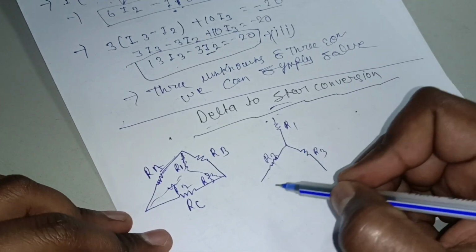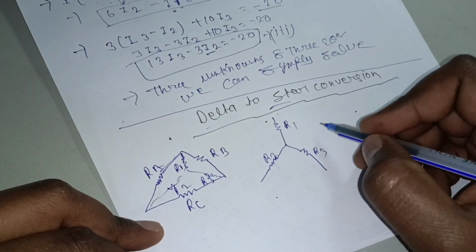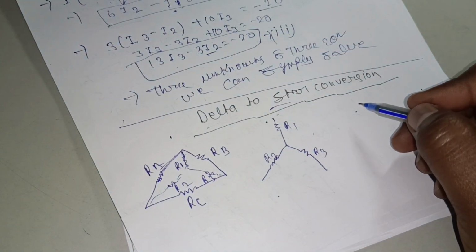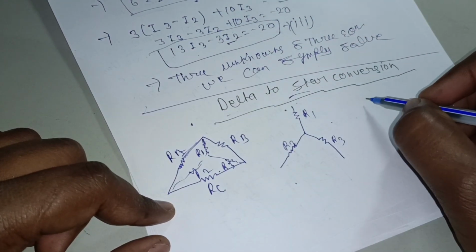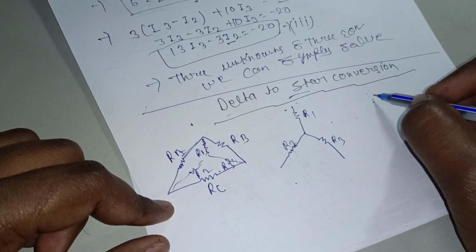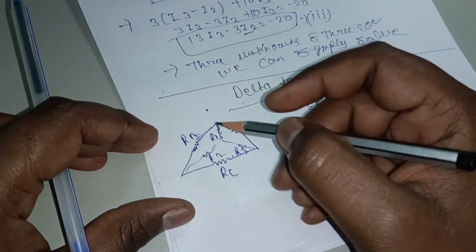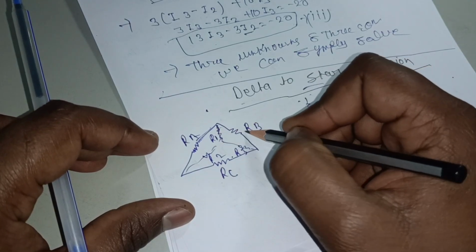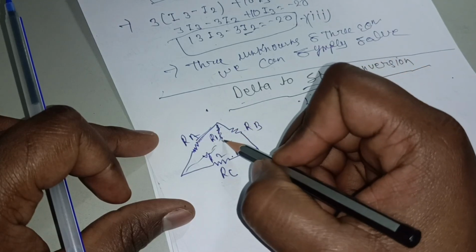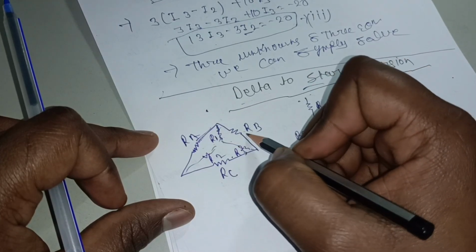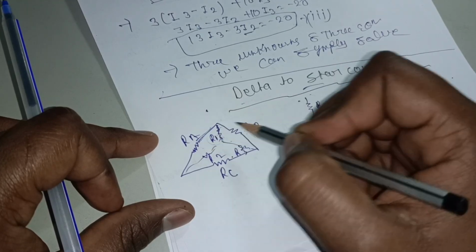I will write some formulas, and I will explain how. Suppose we have to find the value of R1. We have to see between which resistances R1 lies. R1 is in between RA and RB, right?